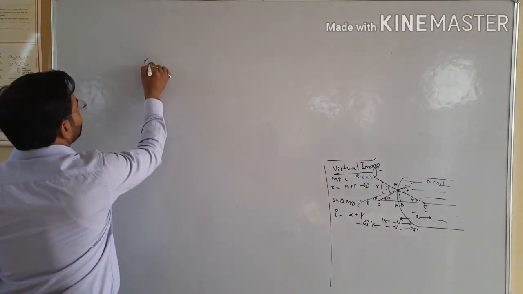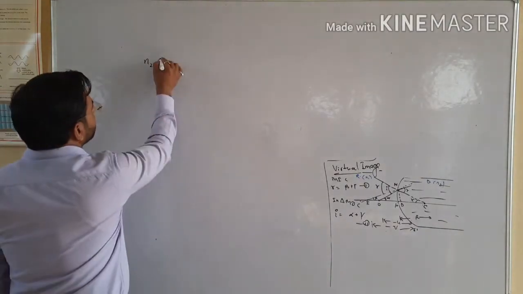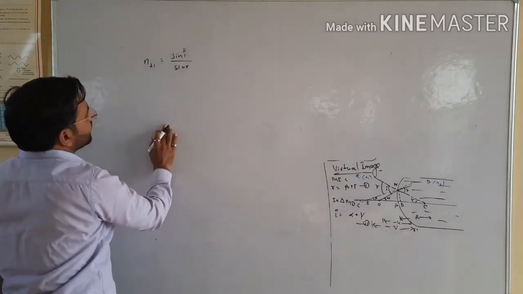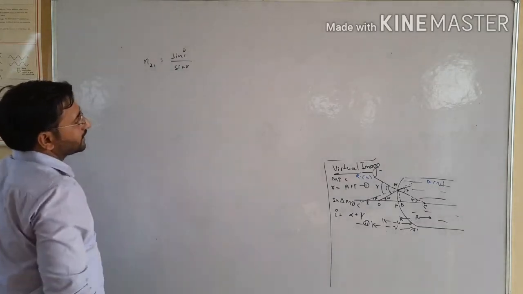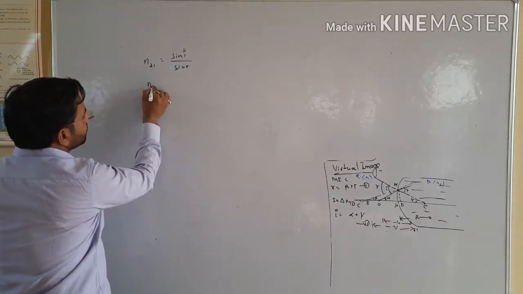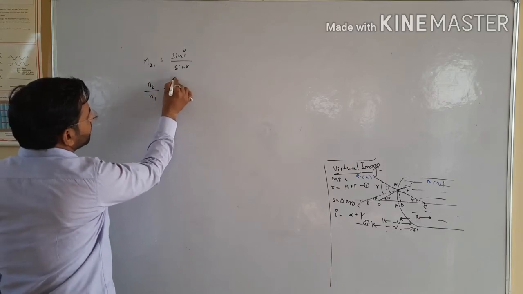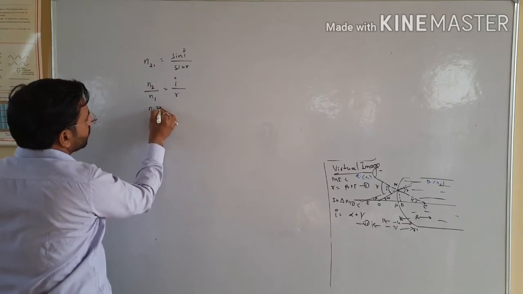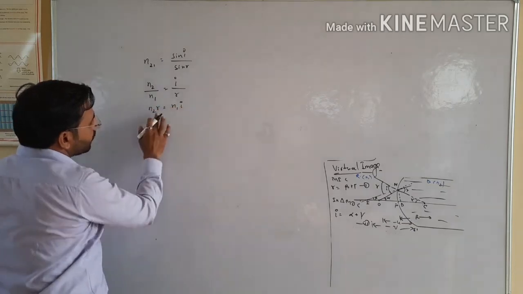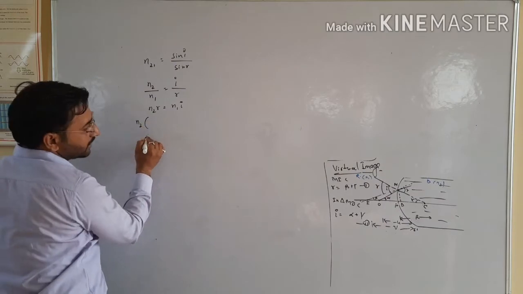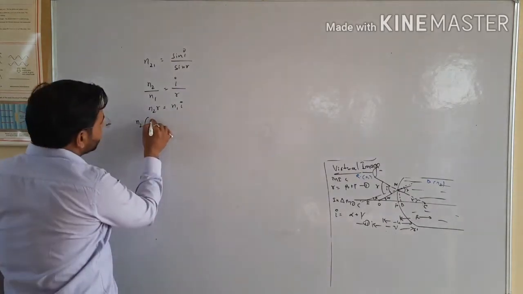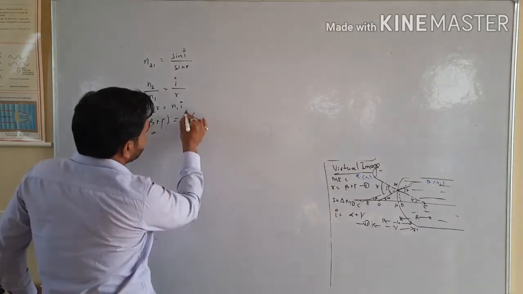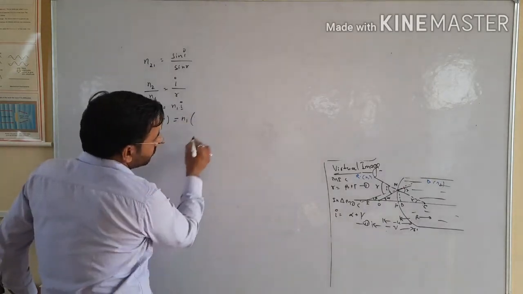So if I use Snell's law, sin I over sin R, and again the same condition I will follow. If the angles are very small, this relation can be written as sin I goes to I and sin R goes to R. So by cross multiplication, N2 R is equal to N1 I. Now here I will substitute the value of R, which is equal to beta plus gamma, and I, which is equal to alpha plus gamma.